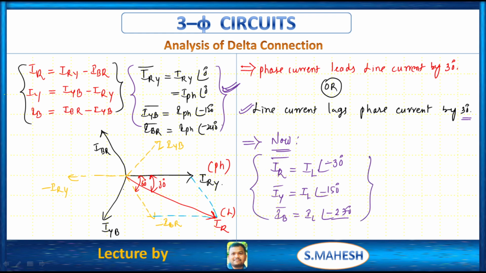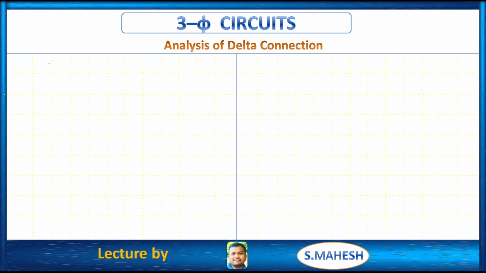This is the angle. So like this we can draw IB. Okay. Now we have to get the relation between line current and phase current. So by using this we can get the value of IR. That is IR, to get IR, which is equals to what?